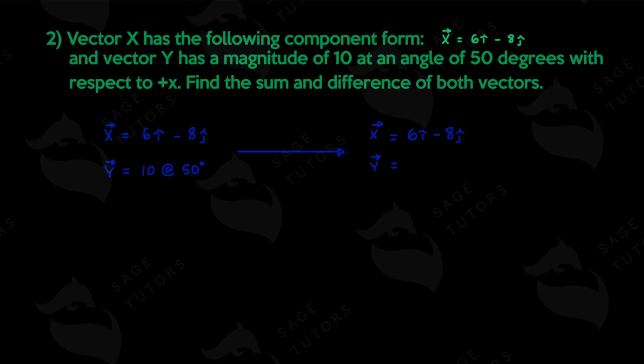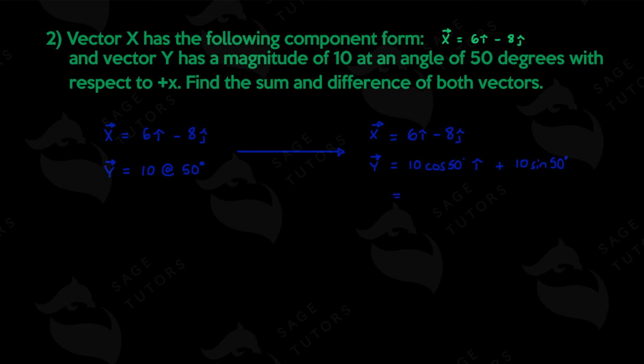So remember that in order to find the x component or the i component of the vector, we can use the formula which multiplies the magnitude of the vector, which would be 10, times the cosine of the angle, which would be cosine of 50 degrees. This would give us the horizontal component of the vector. And the vertical component of the vector would be 10 times the sine of the angle given.